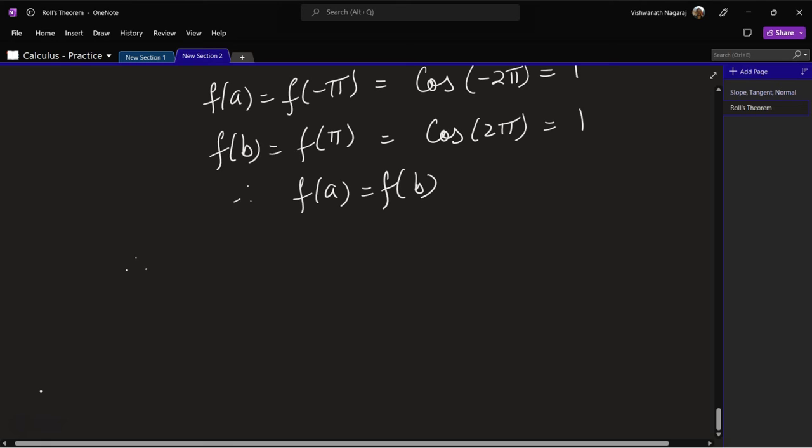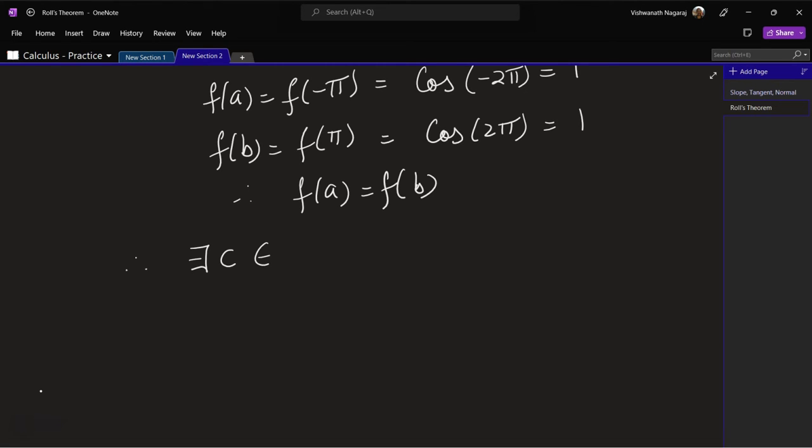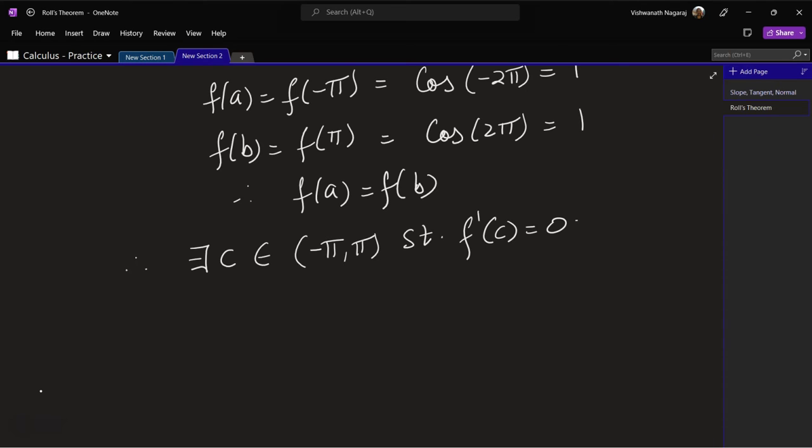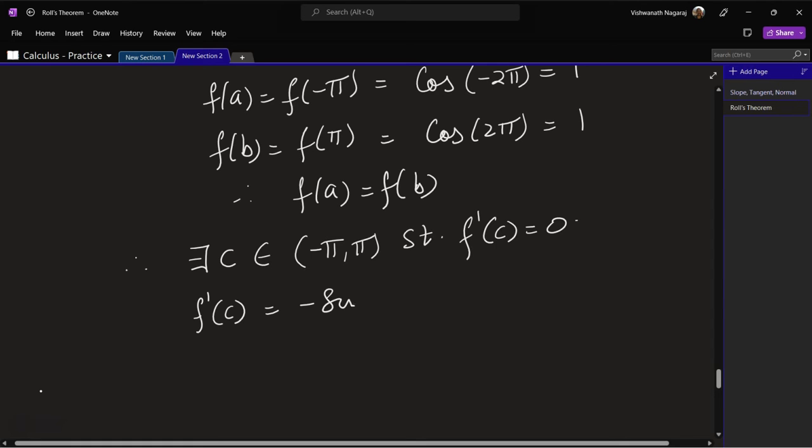which implies there exists c belonging to the open interval minus pi to pi such that f prime of c equal to 0. So f prime of c, that is derivative of cos 2x, is what? Cos 2c is what? It's going to be minus sine 2c times 2 equal to 0.